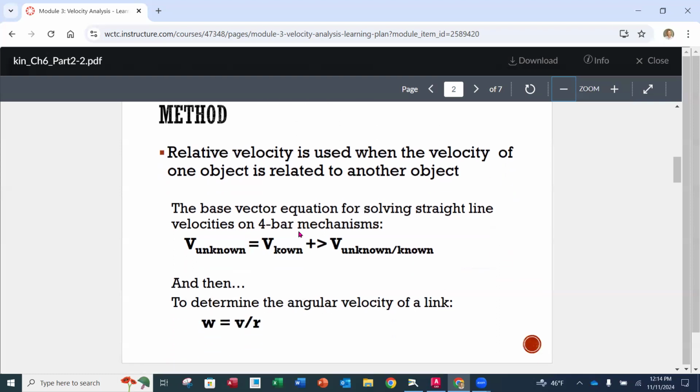And then once we get our straight line velocities, we can use that to potentially solve for what I have here as W, which would be angular velocity on a link that's rotating about a fixed center.